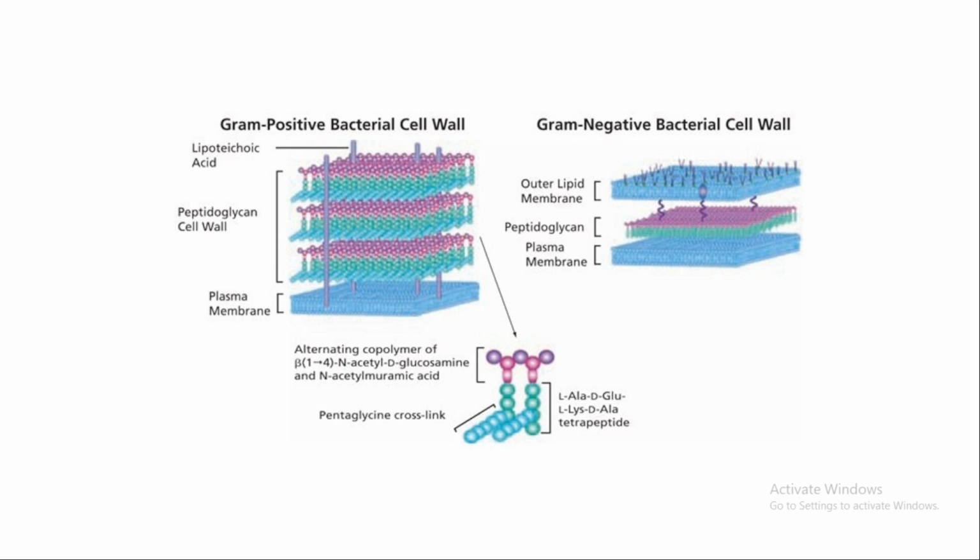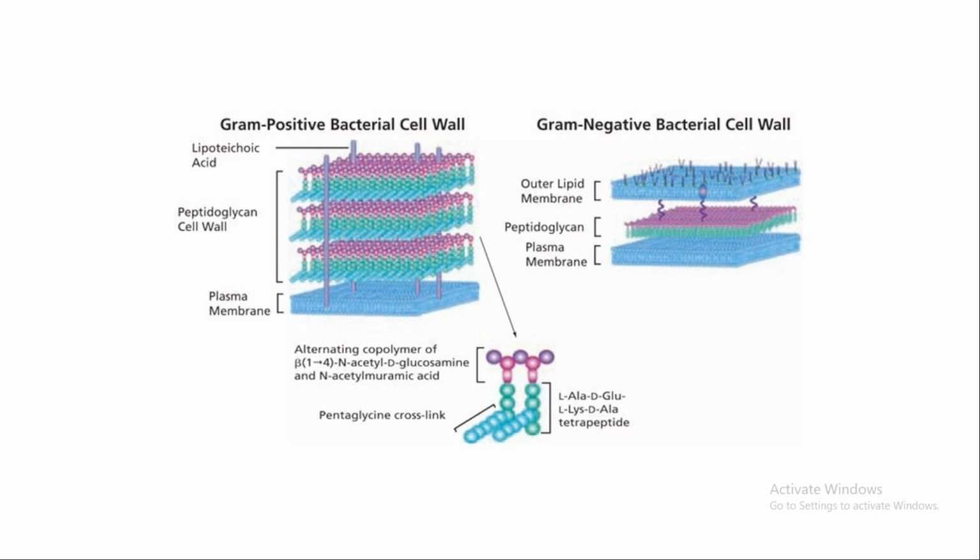So, the gram negative cells, since they have a thin peptidoglycan layer within the periplasmic space, within its inner and outer lipid membranes, they can take up the crystal violet dye and appear purple.